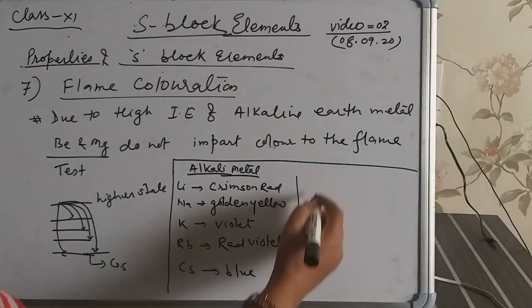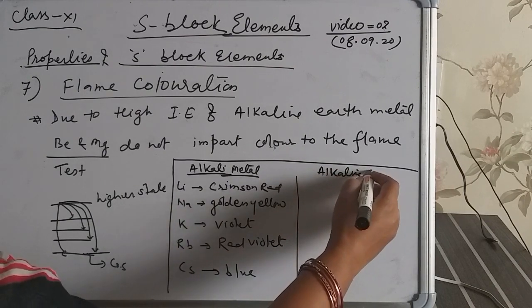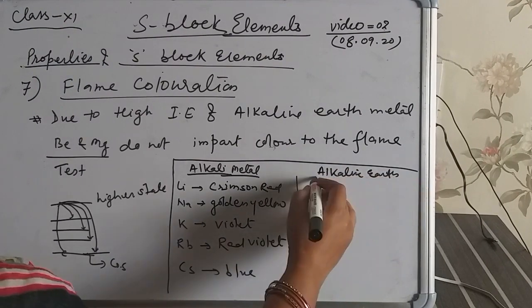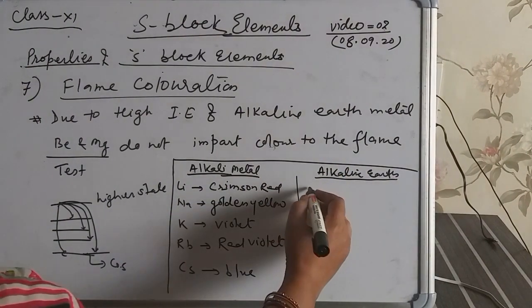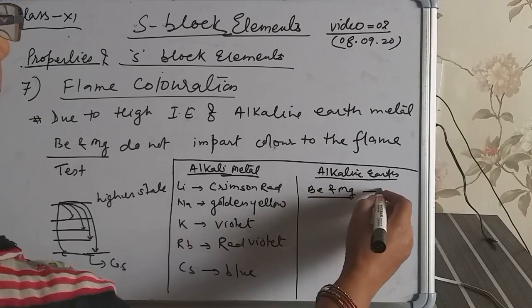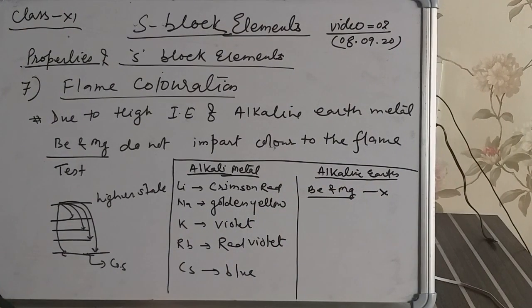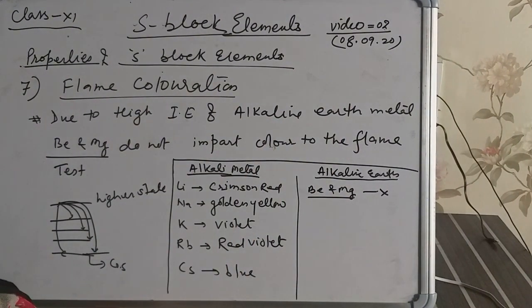Alkaline earth metals: beryllium and magnesium do not impart color. They do not give the flame test due to high ionization enthalpy, as we have discussed already.